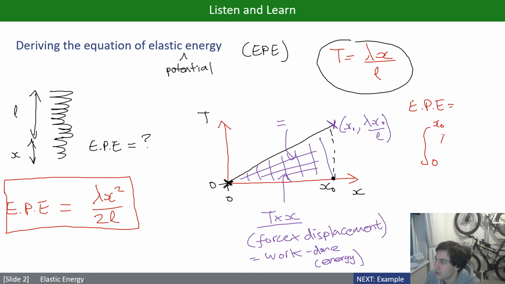So in this case, that's lambda x over L. And then multiplying by these infinitesimal displacements, we've got dx. Okay, hopefully that makes sense to you if you think of the integral as being a sum of an infinite amount of tiny products. So you're multiplying tension here by displacement here, that's the dx, the infinitesimally small change in displacement. And that should give you the same thing. From 0 to x naught, you integrate that, you will again get lambda x naught squared over 2L.